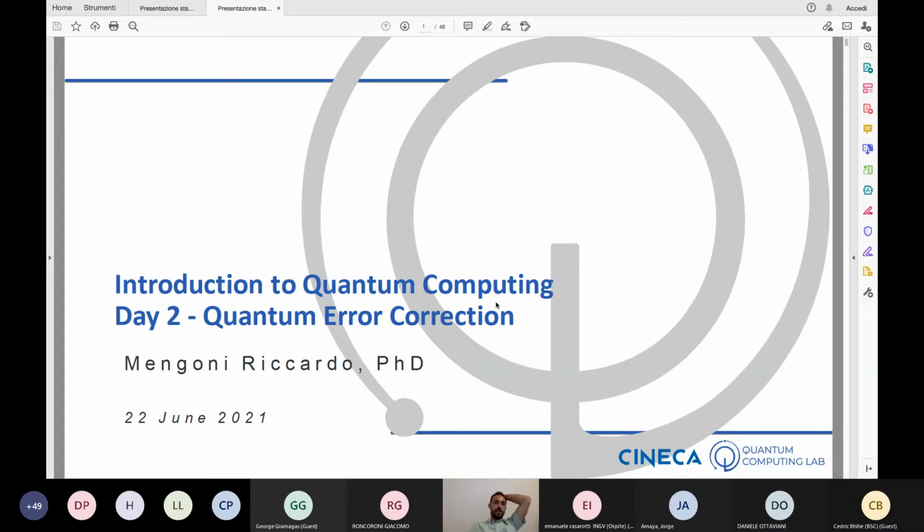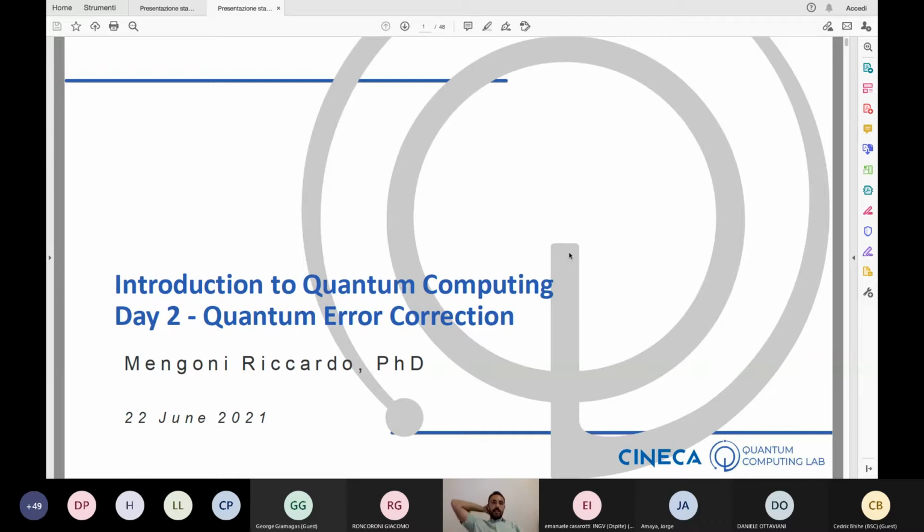It's going to be different algorithms that do not require error correction and that are NISQ ready, which means ready to be run on the devices that we have today, which are noisy intermediate-scale quantum devices.